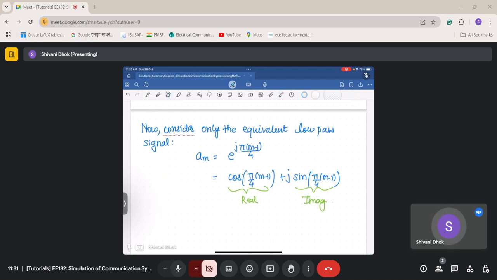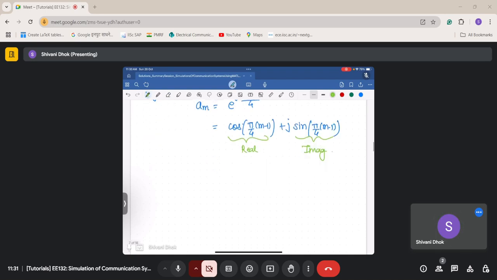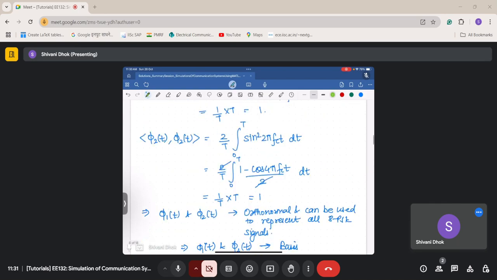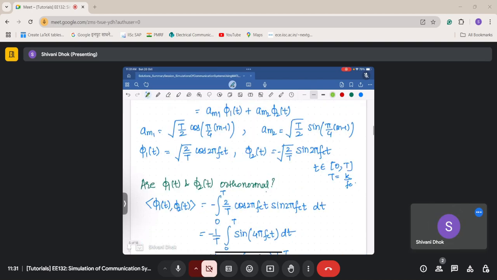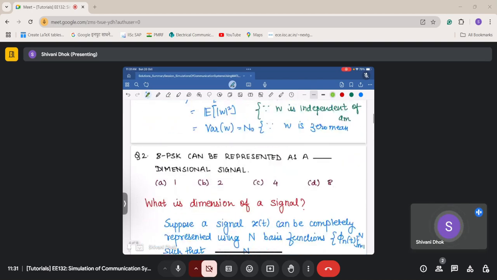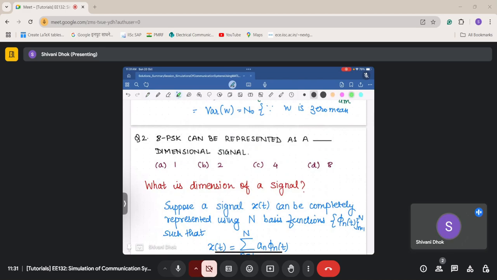So you have two different orthogonal directions, which means you have two different dimensions to look at. So therefore it is two-dimensional. Okay, so the answer for this is, it is a two-dimensional signal. Is it clear? Any questions here?